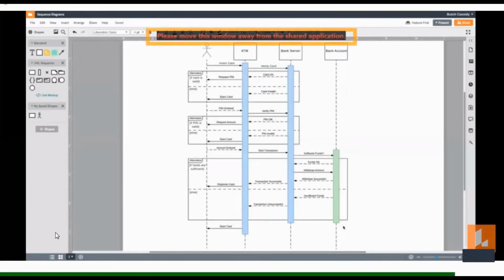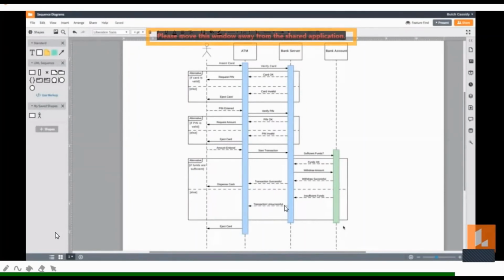Fine. Now, moving on to the next thing in this diagram. As I told you, these dotted lines are your lifeline. Okay, these dotted lines that you see are the lifeline. Basically, how long a particular component or object is live in the sequence of events. If you see here, this is called the activation tab.